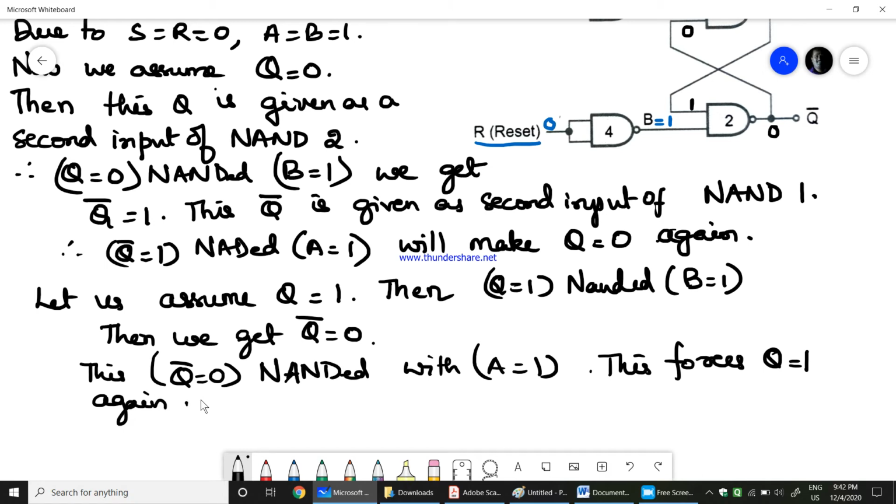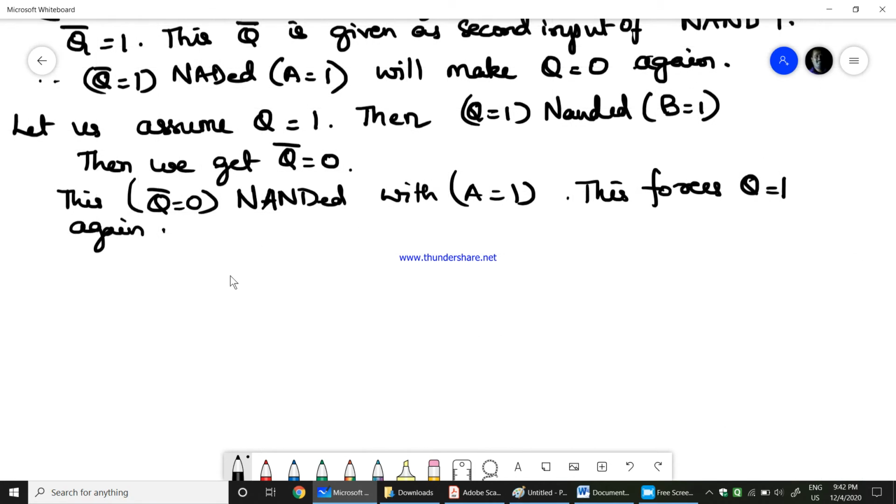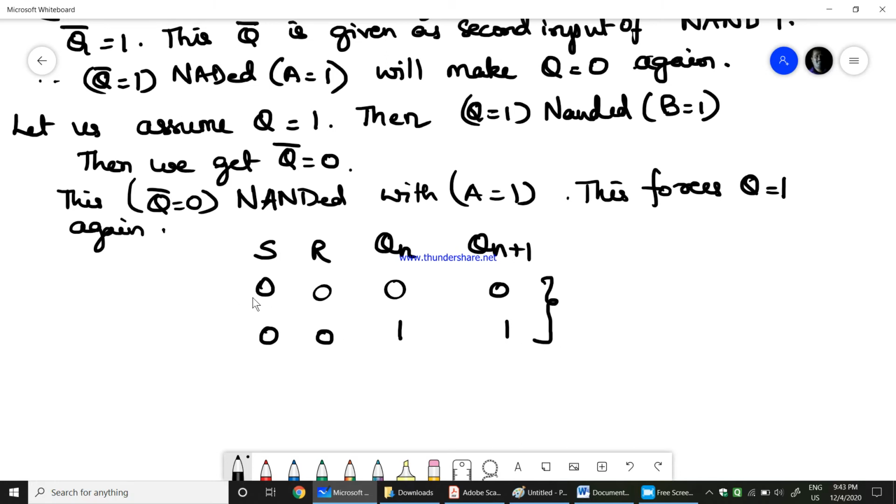So the conclusion with this discussion is, SR is 0, 0, Qn is the present state and Qn plus 1 is the next state. When Qn is 0, Qn plus 1 is also 0. Again SR is 0, 0. When Qn is 1, Qn plus 1 is also 1. So this says that when SR is equal to 0, 0, the next state will be no change.